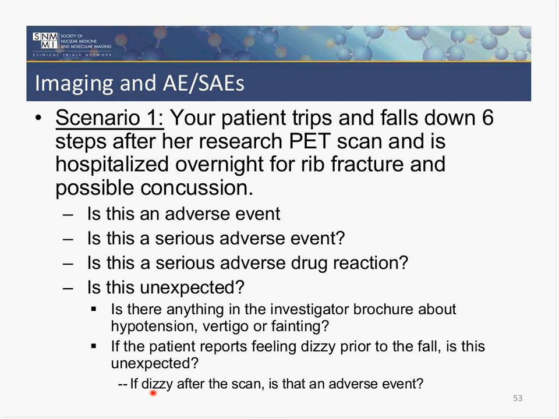If the patient is dizzy after the scan, is that an adverse event? Well, a patient who is hospitalized overnight after an investigational drug was injected, this would be a serious adverse event. But according to the investigator, it is unrelated to the tracer.